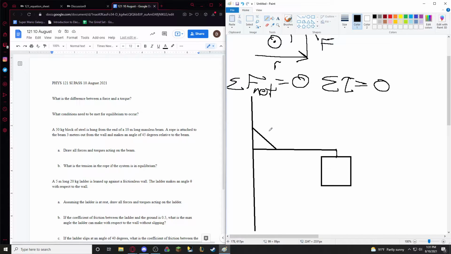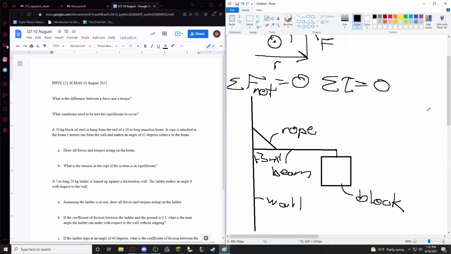So this here is our rope. This is our beam. This is our wall. And this is the steel block. We have a 3 meter length here, and the total length of the entire beam is 10 meters.